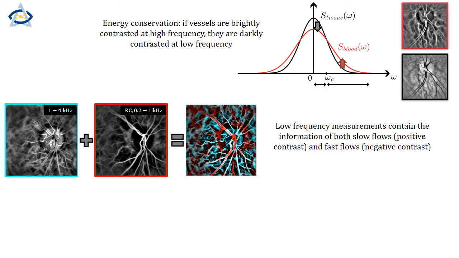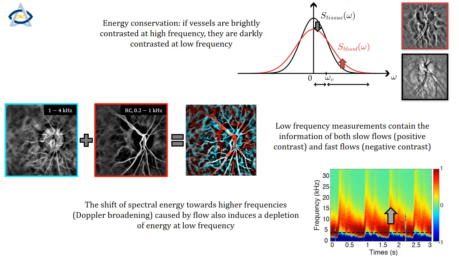So to reveal the slow flow, it's the usual positive contrast, and the fast flow is revealed with this negative or reversed contrast, which allows us to realize these composite movies from the same data. And we are able to measure the variations of blood flow in reverse contrast thanks to the shift of spectral energy toward higher frequencies that induces a depletion of energy at low frequency.